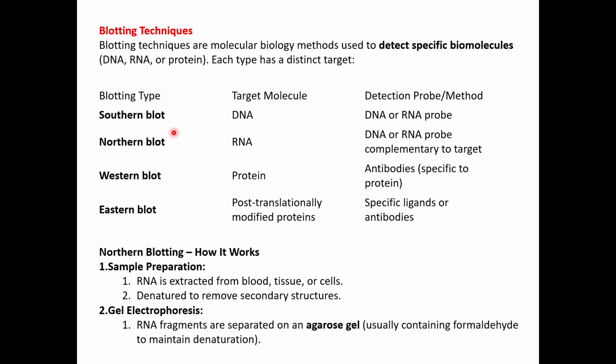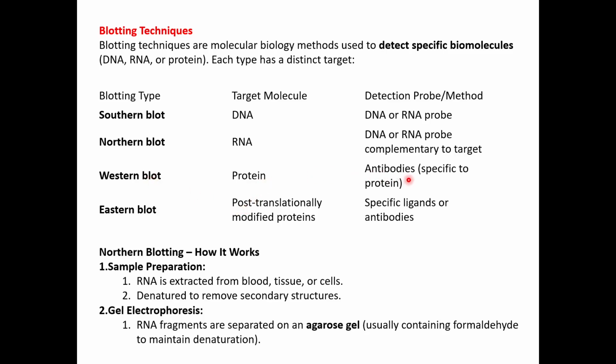So southern blot is a technique we use to detect the DNA. So the target molecule is the DNA, and the detection probe method is DNA or RNA probe. Then in case of northern blot, we detect RNA. So here also we can use either DNA or RNA probe that is complementary to our target RNA. Then western blot is generally used for proteins.